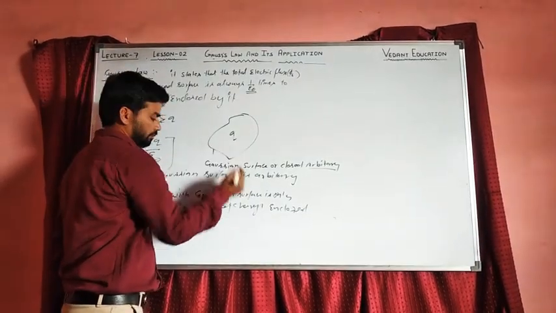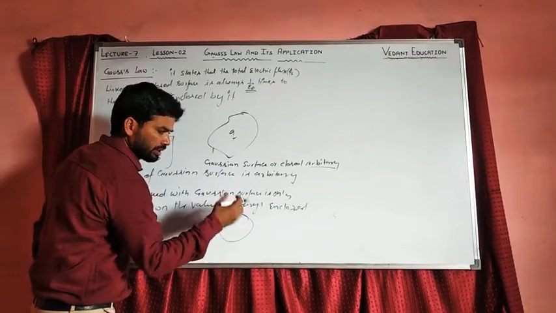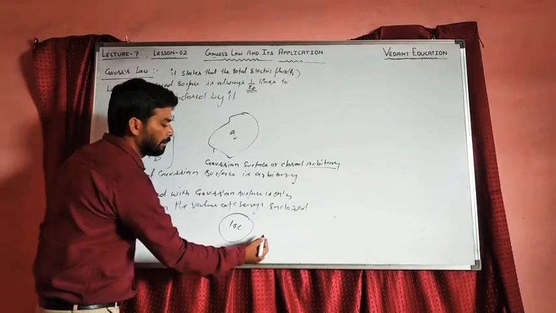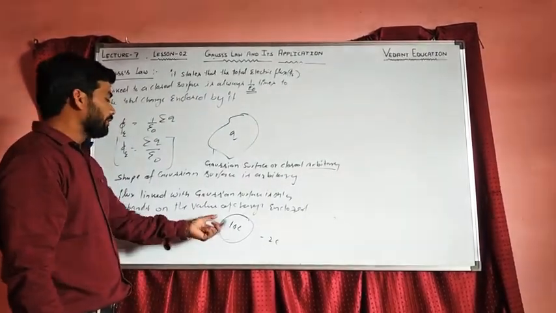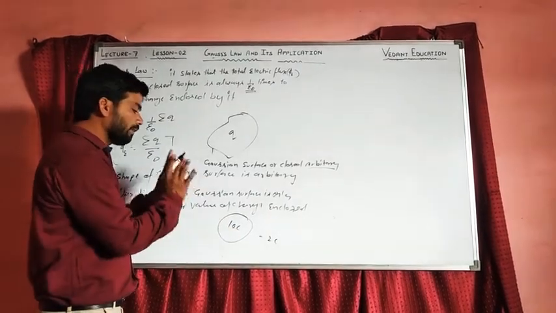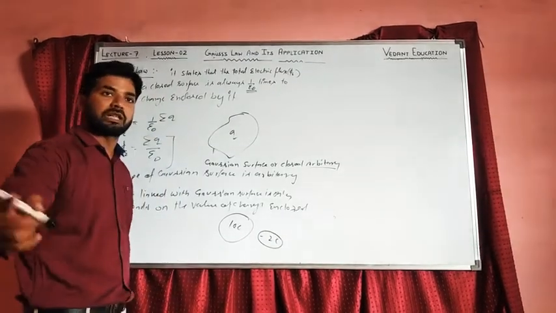Let's see an example. This is the Gaussian surface of spherical shape. 10 coulomb charge is placed inside and minus 2 coulomb charge is placed outside the surface. If you wish to find out the flux linked with this surface, then the flux is independent of the charge placed outside the surface.